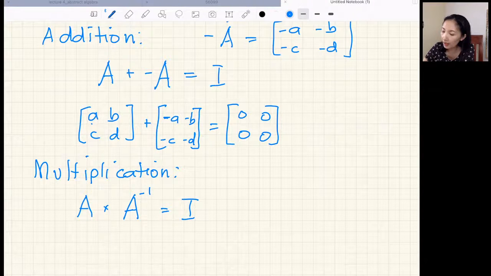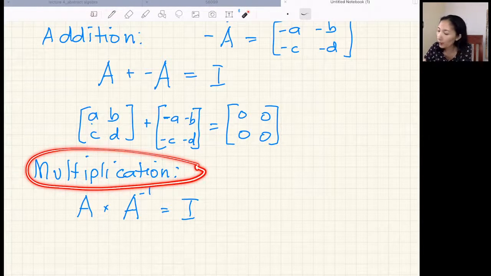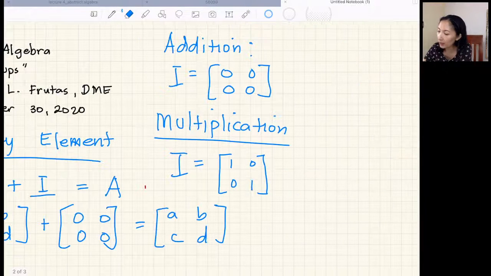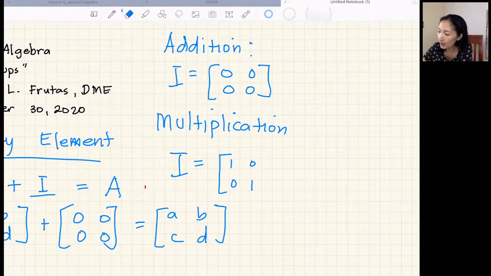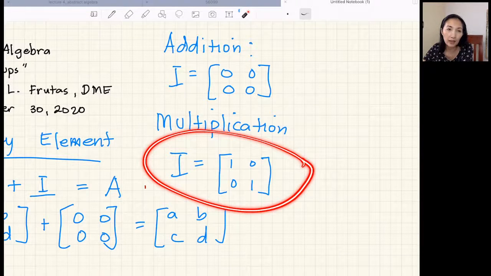We said the identity element is this matrix: a square matrix wherein the main diagonal has the elements 1 and the rest are zero.